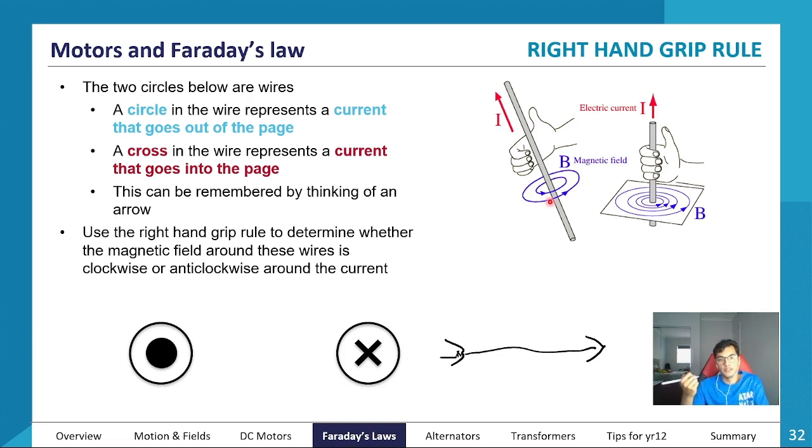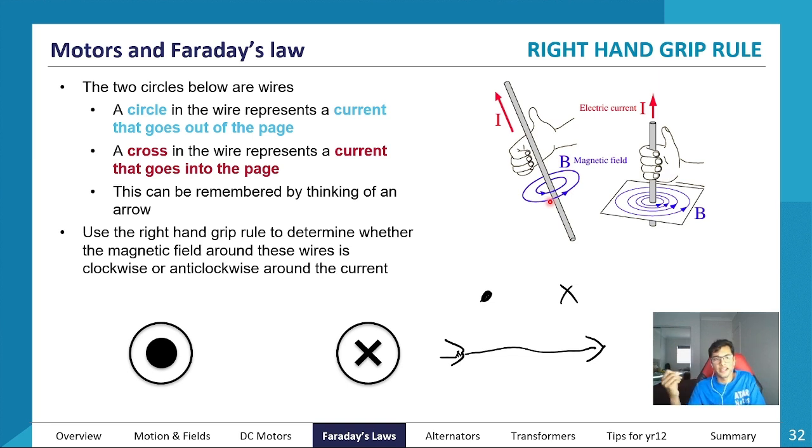If you were to imagine the arrow coming towards you, what would you see? You would see the shiny sharp part, something like a dot, right? If, however, the arrow was going away from you, you would see the feathers of the arrow, which would look something like a cross.